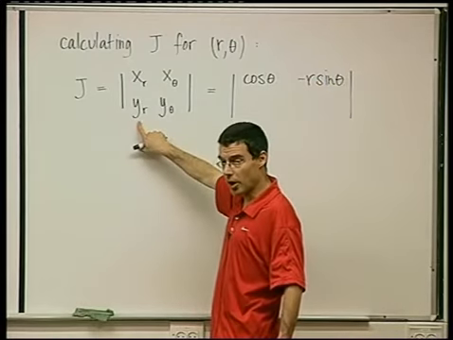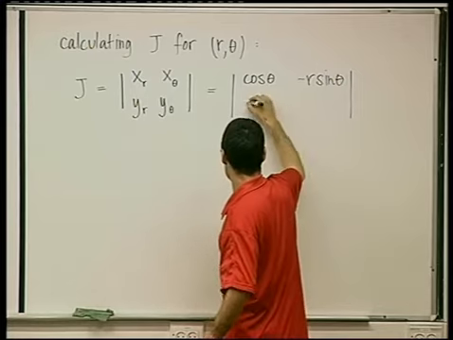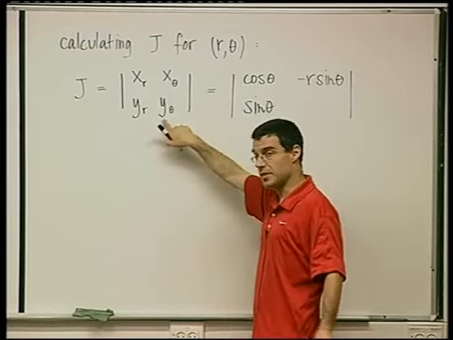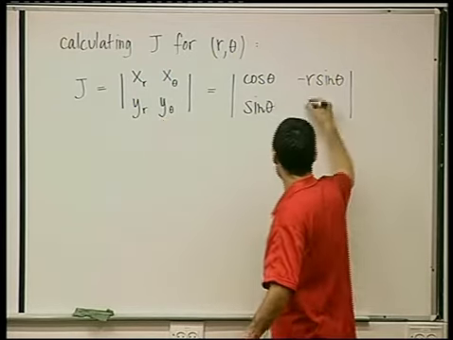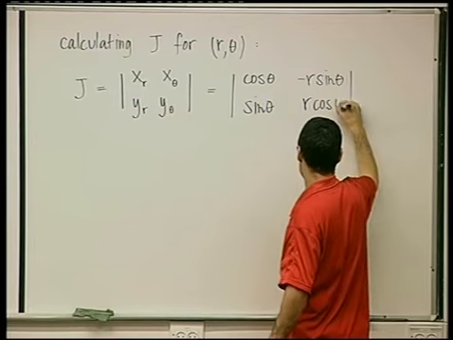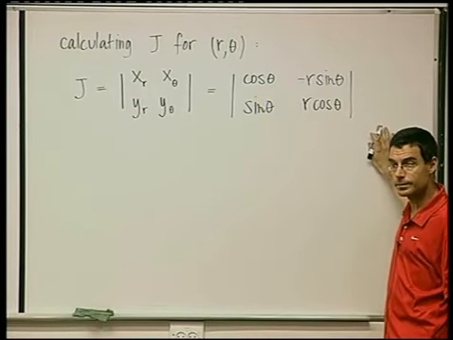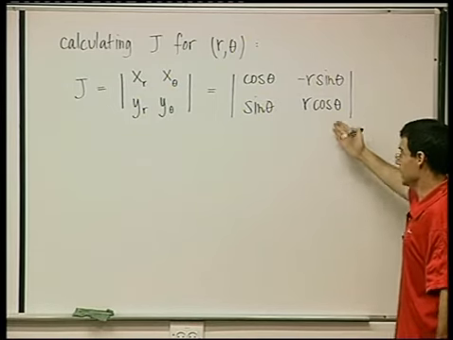Y was r sine theta. The derivative with respect to r is just sine theta. And the derivative of r sine theta with respect to theta is r cosine theta. Good? Everybody? Okay.